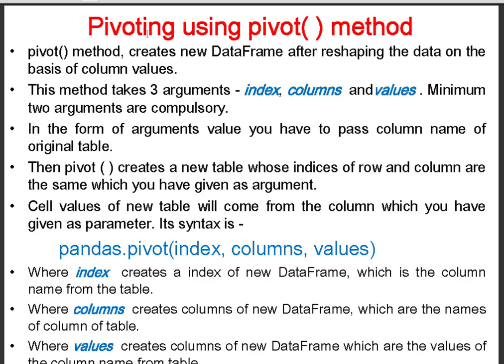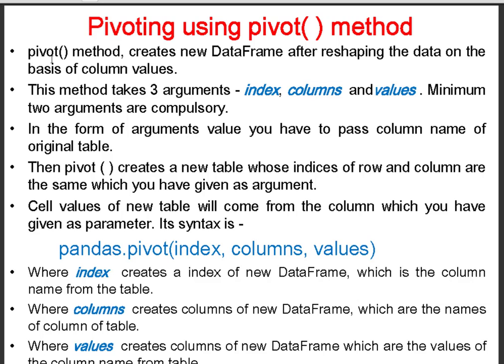Pivoting uses the pivot method. So how can we implement that method? Let's understand. The pivot method creates a new data frame after reshaping the data on the basis of column values. We already created a data frame df with pd.DataFrame.